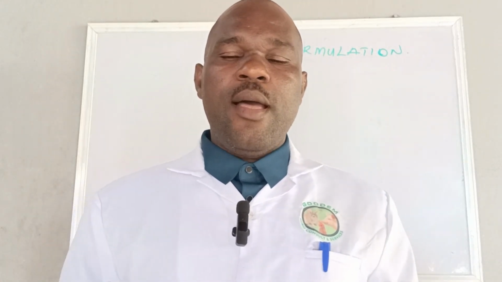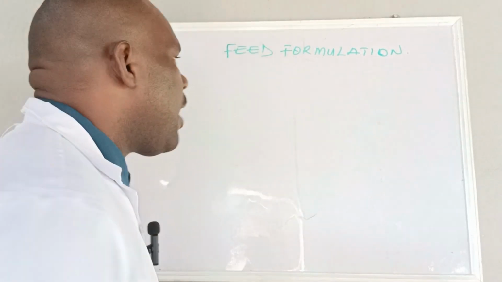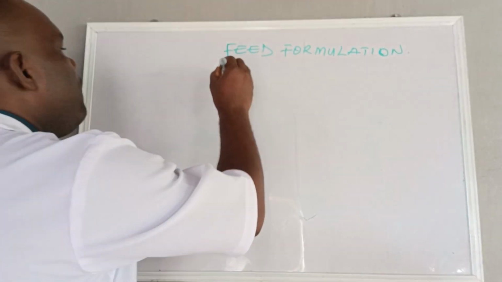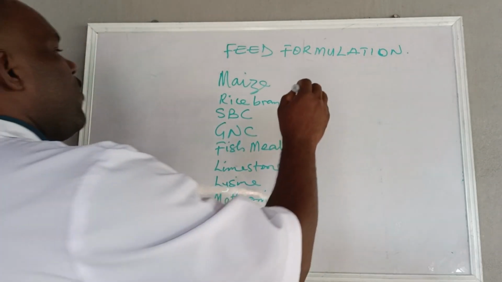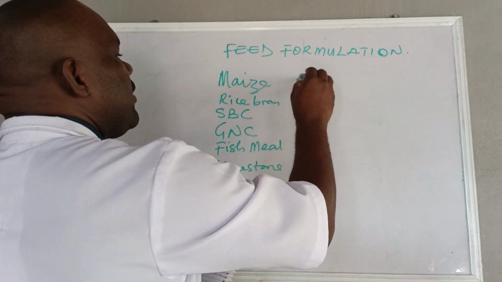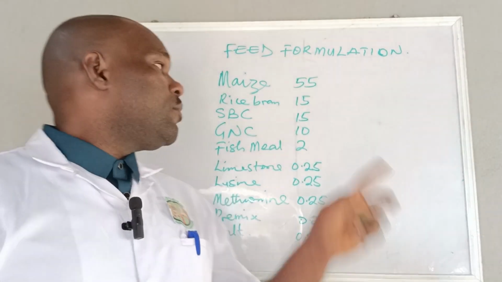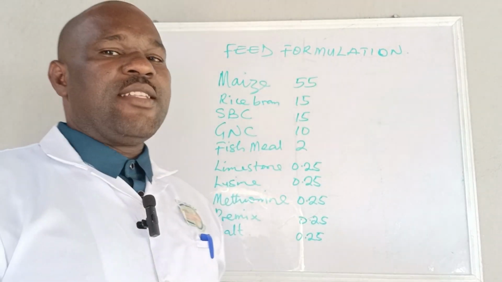Listen and watch. Pick your pen and paper and follow me. Assuming you have maize, if you have 55% maize, this is what we call the dietary chart.